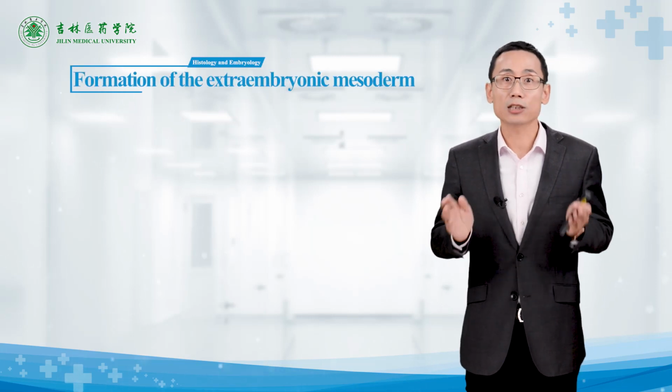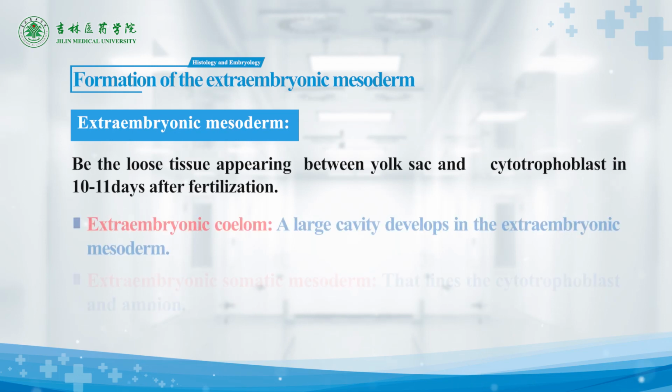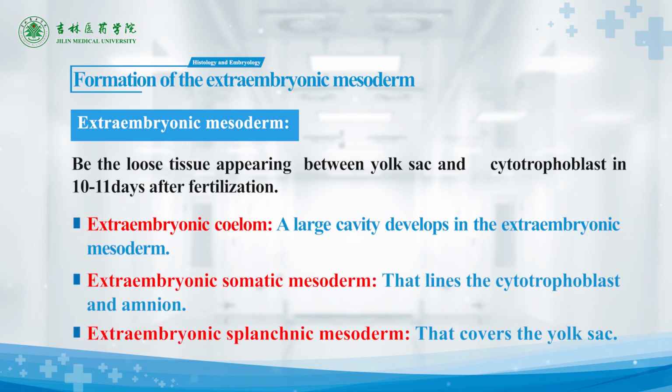Formation of the extra-embryonic mesoderm. There are loosely distributed stellate cells and extracellular matrix in the blastocyst cavity, which are filled between the cytotrophoblast, yolk sac, and the amniotic sac to form the extra-embryonic mesoderm.